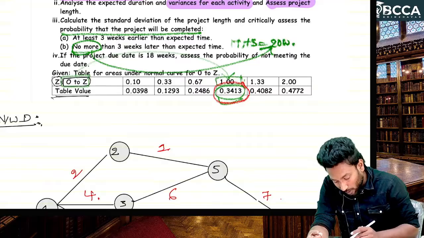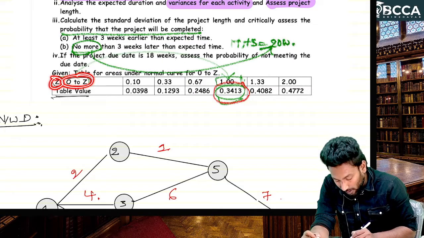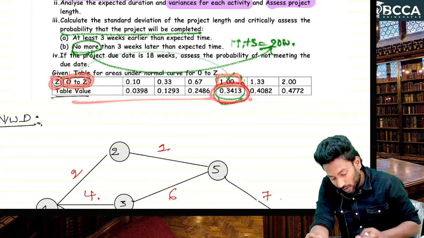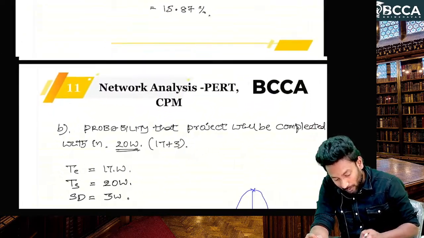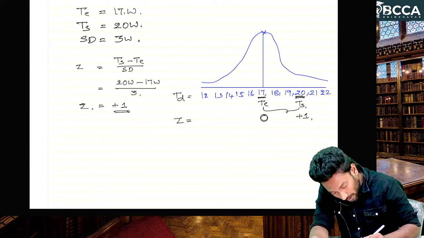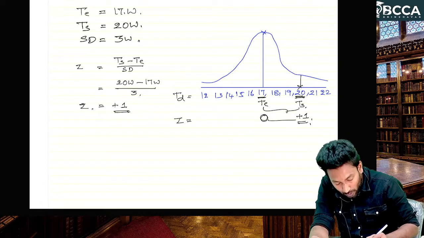In this table it is Z equal to 0 to Z, not just the Z value. At 1, the table value is 0.3413.